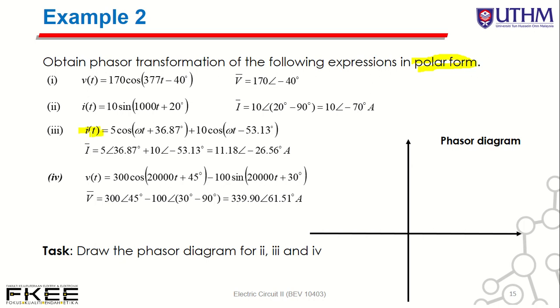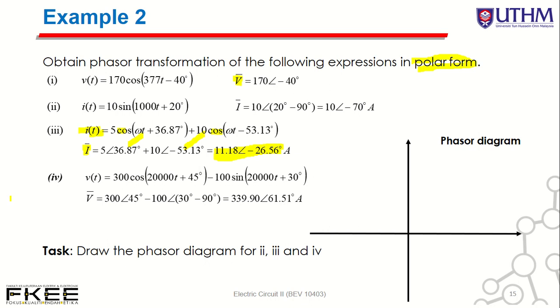If you convert to the polar form, you have to write capital letter, just like V is also capital. So I equals cos, convert to polar form. Directly convert because we have a cos function, both are cos functions, and then you can use your scientific calculator to get this value.